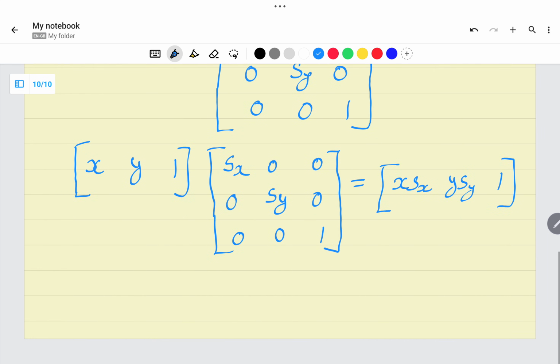So from this we can deduce x' is equal to x into Sx, y' is equal to y into Sy.